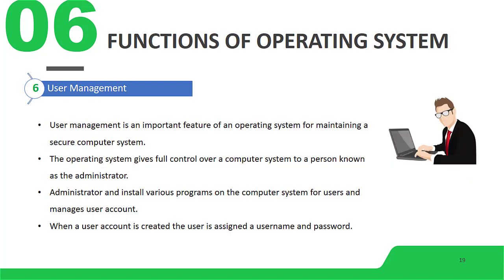User management is the operating system's way of maintaining a secure computer system. The operating system gives full control over a computer system to a person known as the administrator, who installs various programs on the computer system for users and manages user accounts. When a user account is created, the user is assigned a username and password.